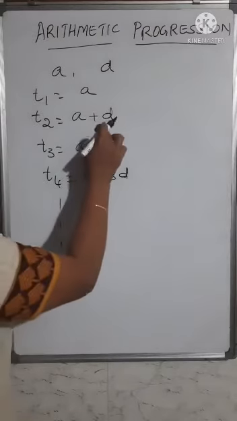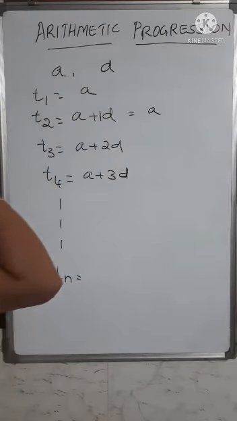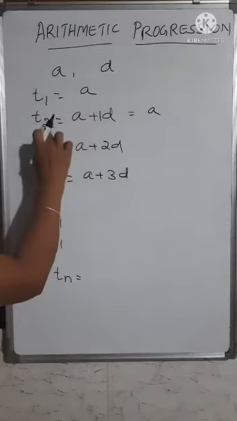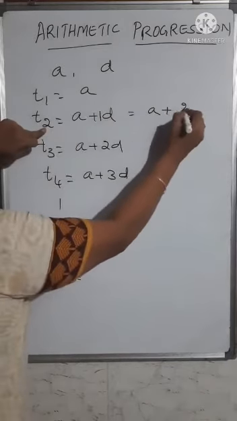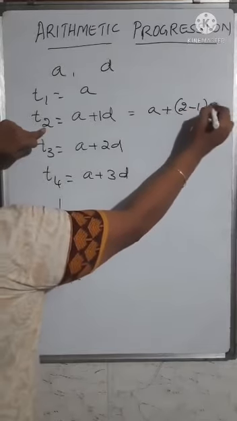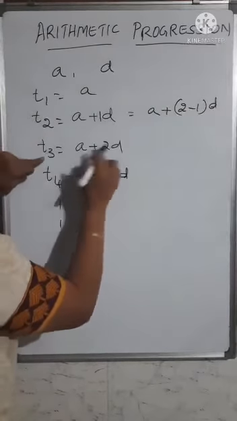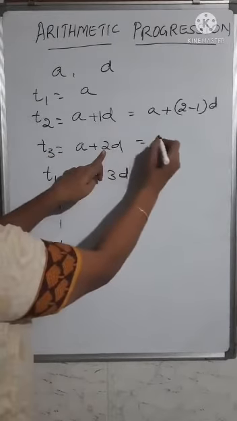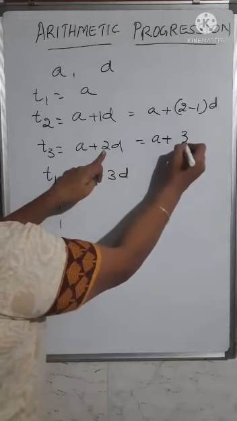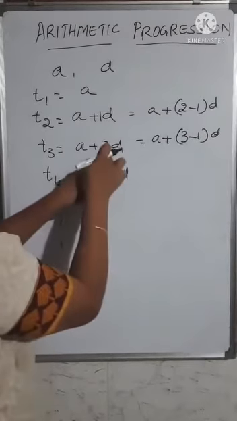Now when you consider this expression, the coefficient here is 1. I will write this 1 in terms of 2, as 2 minus 1 into D. 2 minus 1 is nothing but 1. The same way, this 2 I will write in terms of 3, so I write A plus 3 minus 1 into D. 3 minus 1 is nothing but 2.